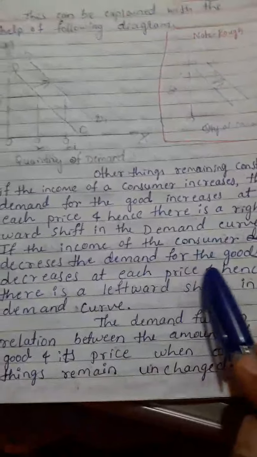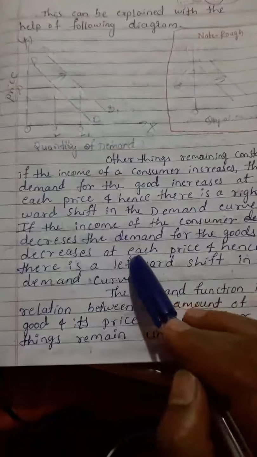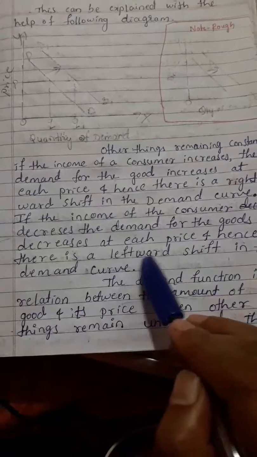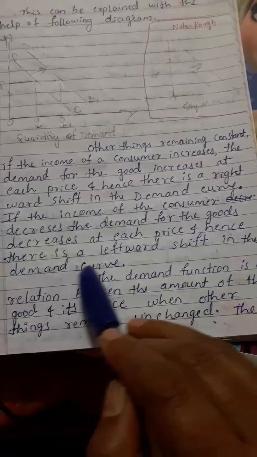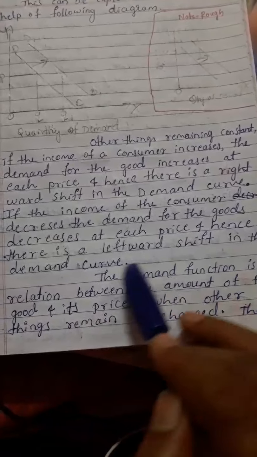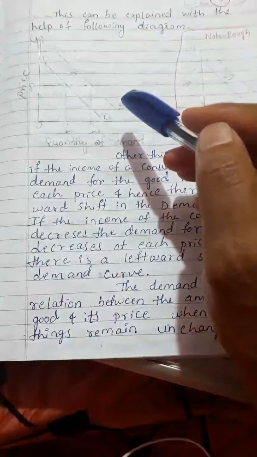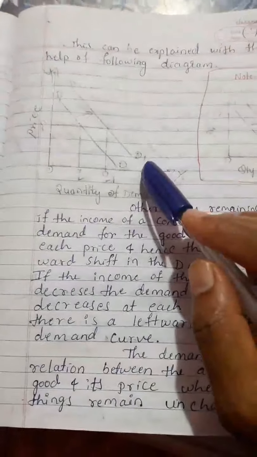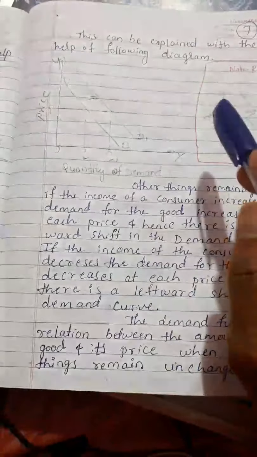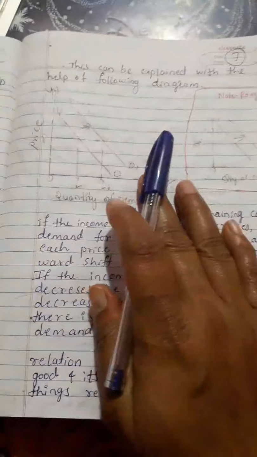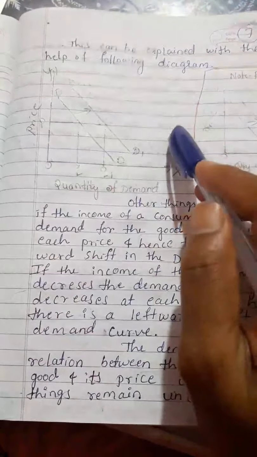If the income of the consumer decreases, the demand for the goods decreases at each price, hence there is a leftwards shift in the demand curve. But for decreases, they have not given the diagram in your textbooks, only the rightwards diagram they have given. And next, this is the explanation of the shift of the demand curve.